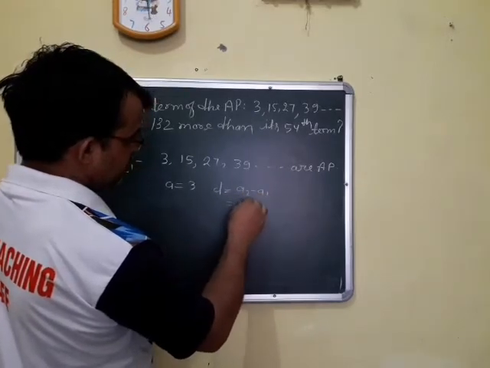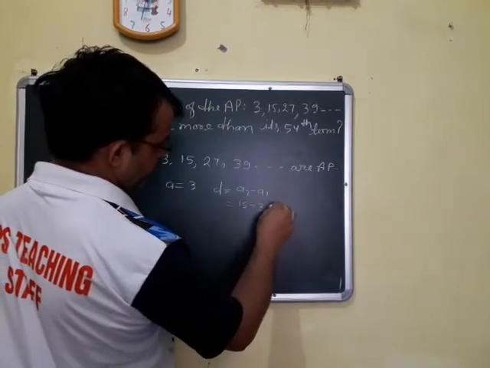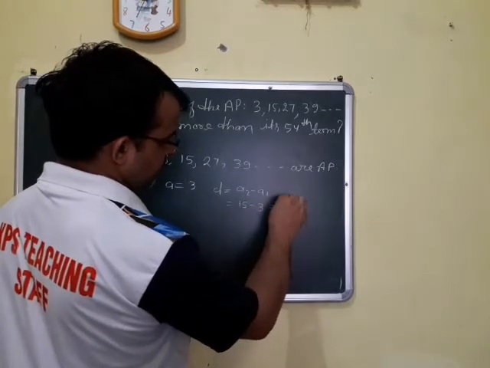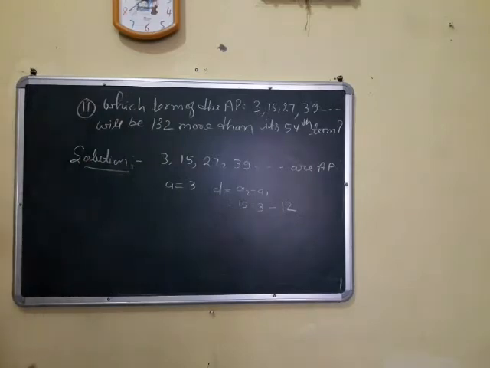So A2 here is 15 and A1 is 3. So what we get here is 12. So we get D is 12 and A is equal to 3.